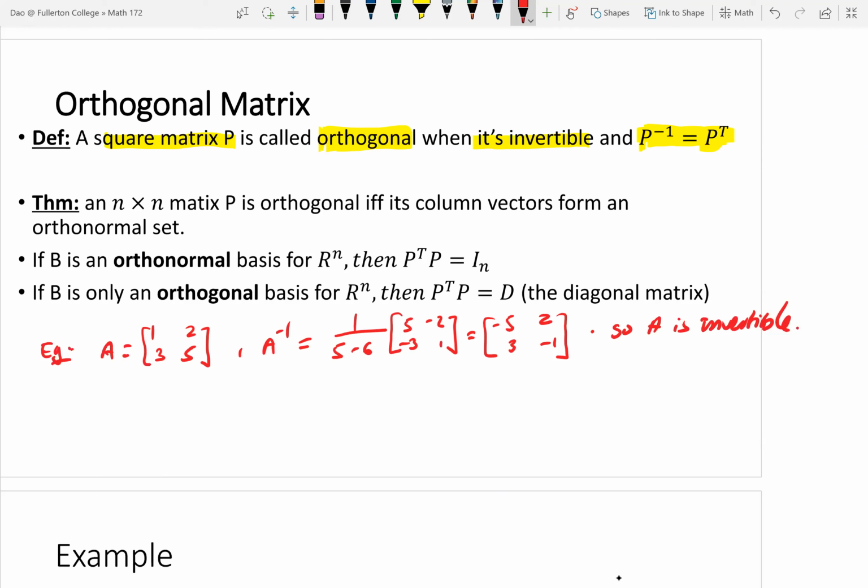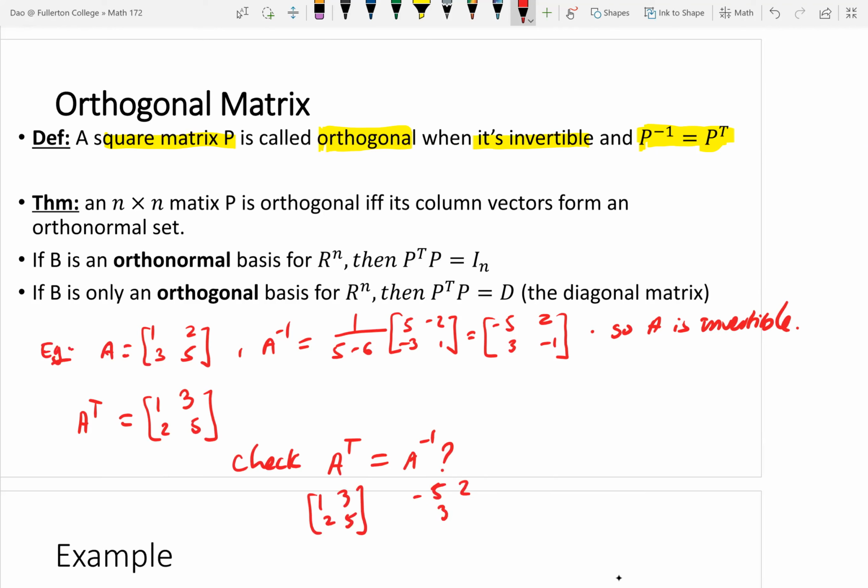Now A transpose will be (1, 3; 2, 5). So now you're going to check whether A transpose equals A's inverse or not. A transpose is (1, 3; 2, 5), and A inverse is (-5, 2; 3, -1).